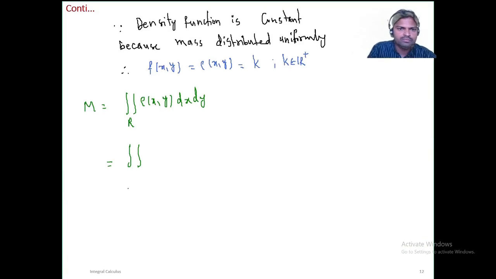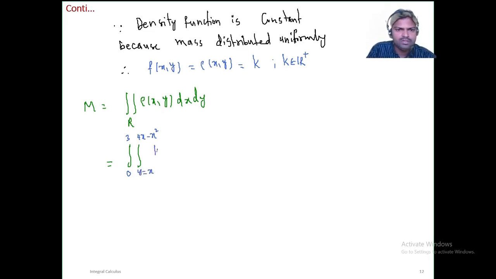So therefore x from 0 to 3, and y from x to 4x minus x square. Okay, so these are the y limits, y is equal to x to 4x minus x square. And what is rho of x comma y?